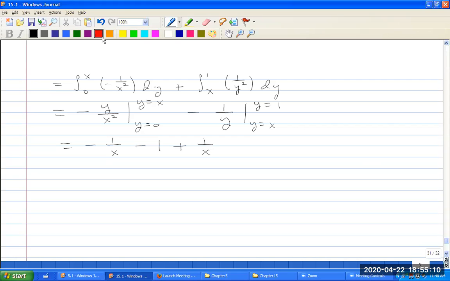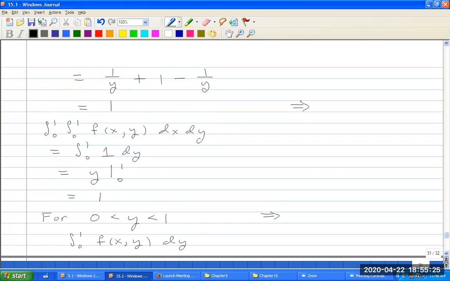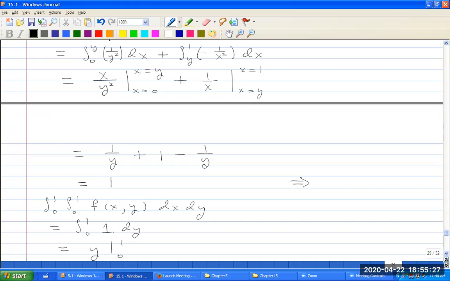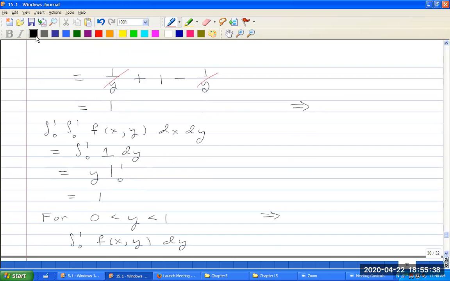So the 1 over x's cancel. And so I just get negative 1. Okay, so now let's finish up the integration. It would look nicer doing it this way.